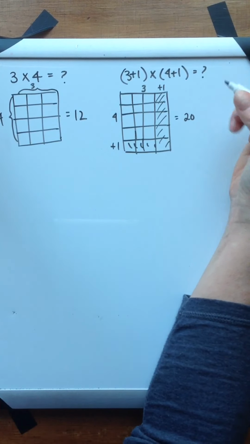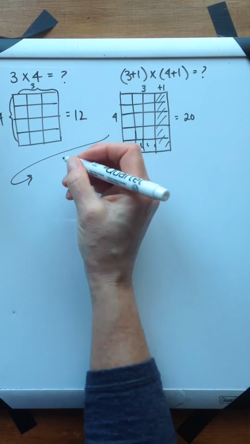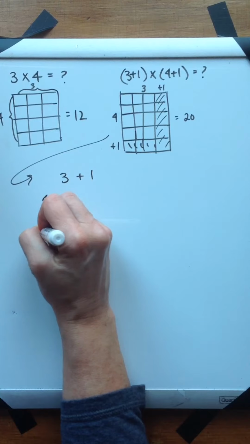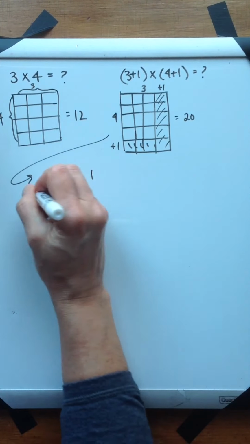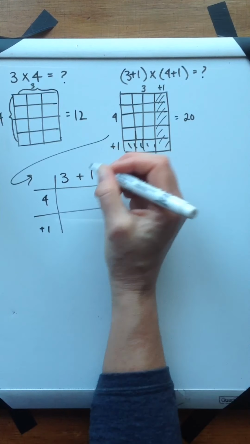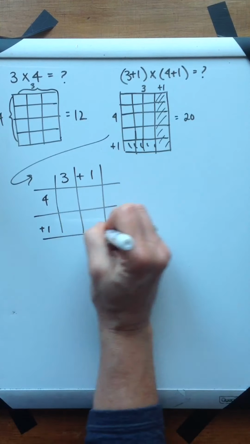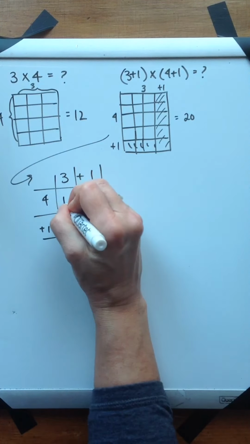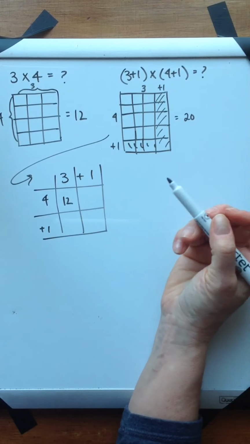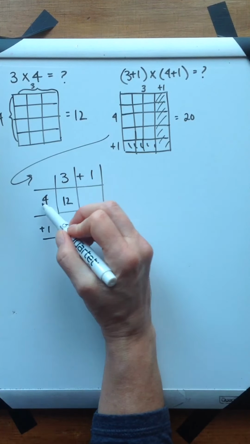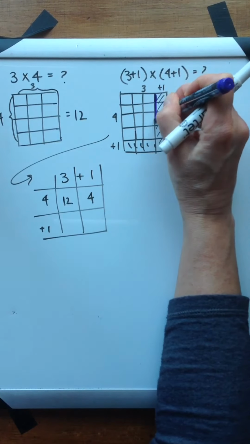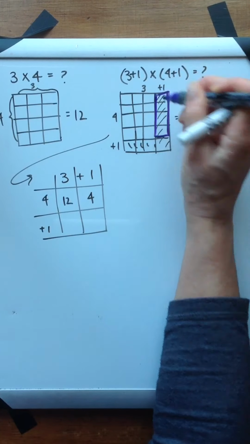Okay. Now, a simplified version of this might look something like this. What if you said to yourself, I already know that 3 times 4 is equal to 12, and I already know that 1 times 4 is equal to 4, and that would account for, in the diagram up here, these little 4 blocks right here.